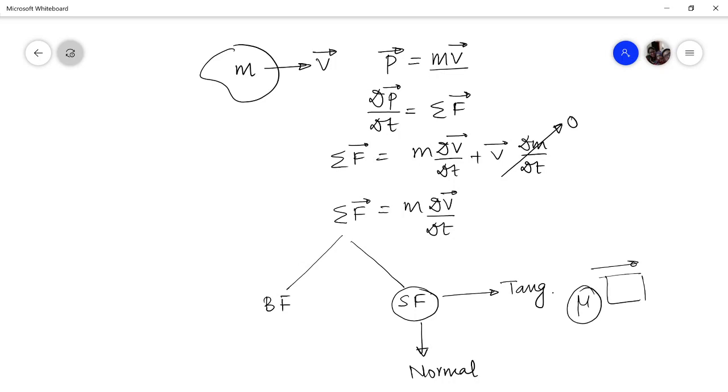So viscosity will come into play whenever you have tangential forces. And what about normal forces? Whenever you are talking of the fluid bulk and you take a fluid element out, the normal compressive forces are basically nothing but the pressure forces.